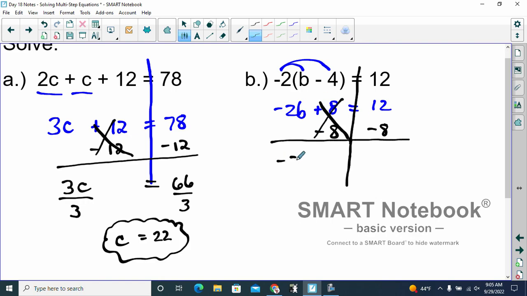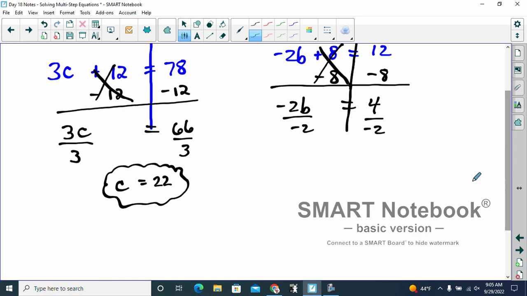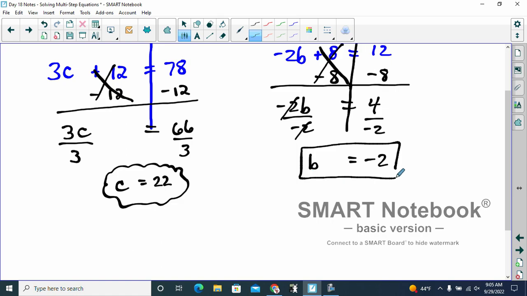My negative 2b comes down, equals 12 minus 8. This means negative 2 times b. We cancel out multiplication with division. I get b equals positive divided by negative, 4 divided by 2. B equals negative 2.